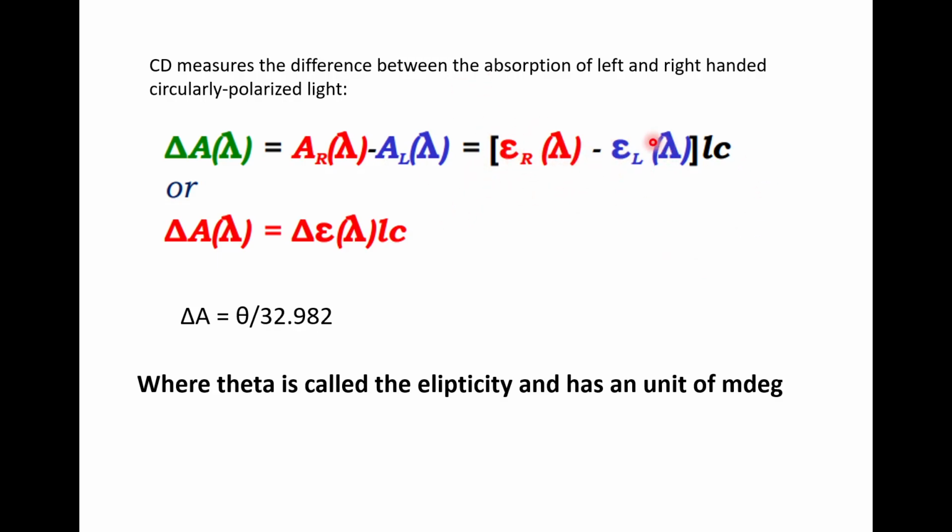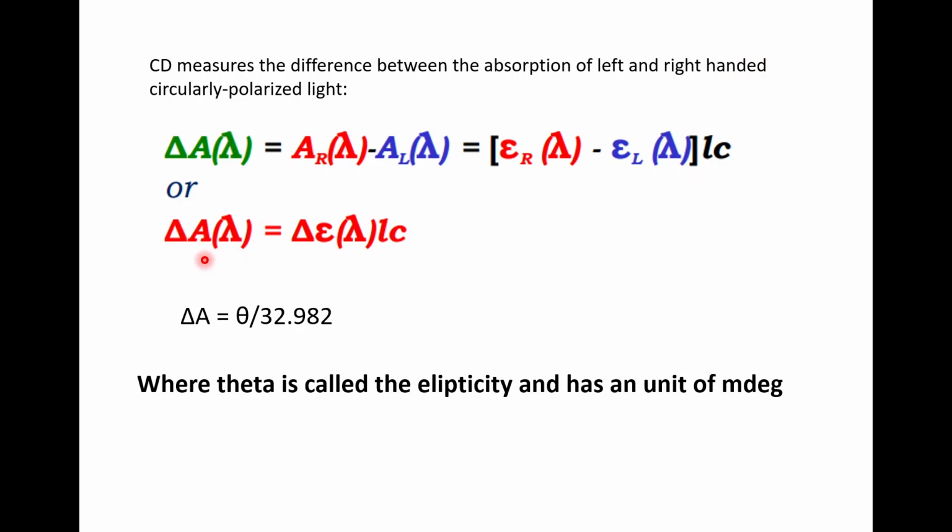That is because of the intrinsic property of that matter, its chemical composition, due to which it behaves differently for different circularly polarized light. So that's why you have two different epsilon values. If you subtract them and multiply with the path length and the concentration of your sample, you will get this delta A value.